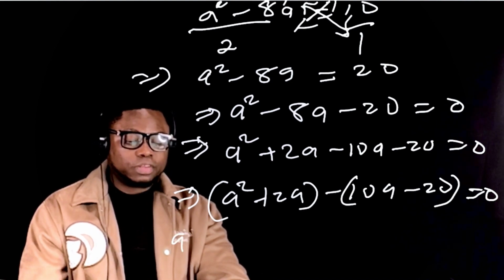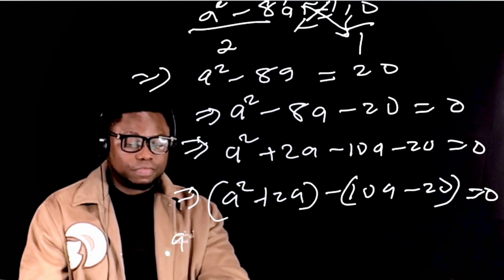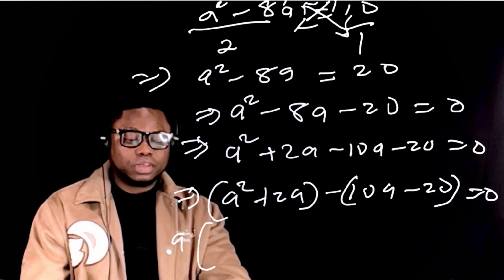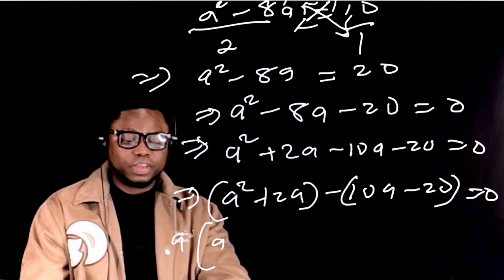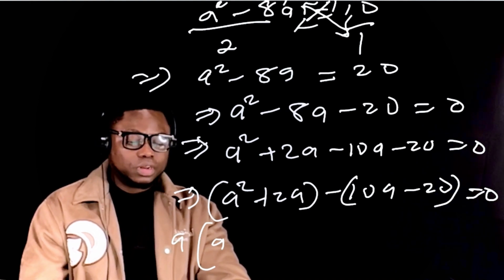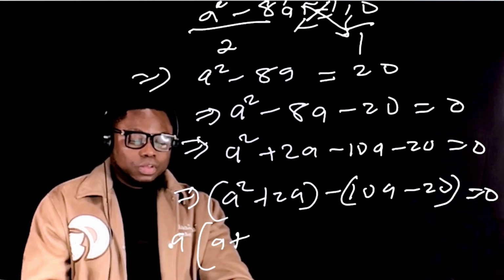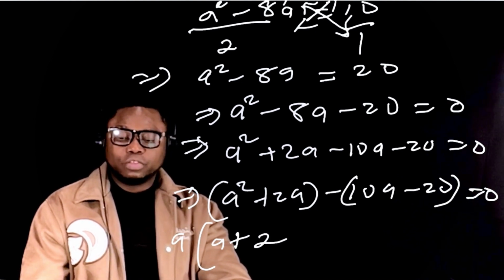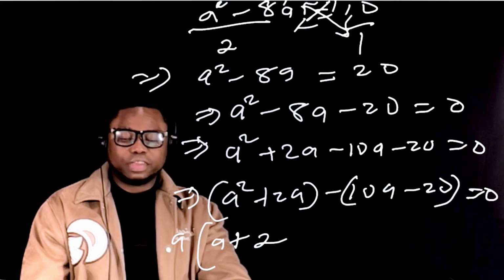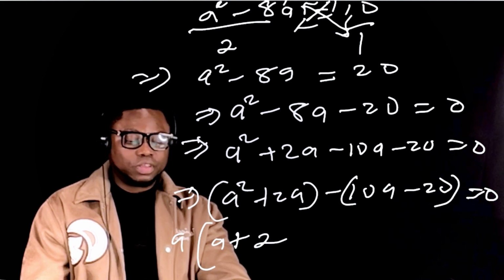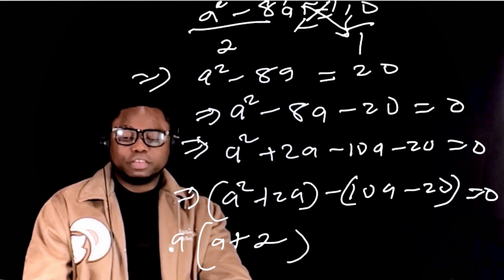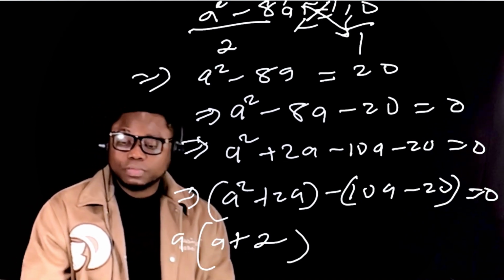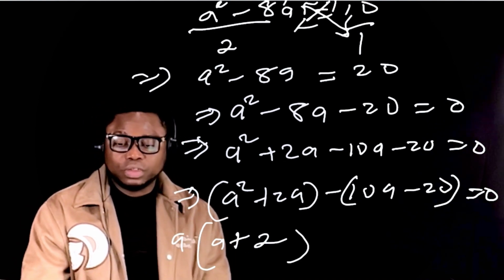So a squared divided by a gives me a, and 2a divided by a gives me 2, which is left in the bracket because 2 times a gives me back 2a.